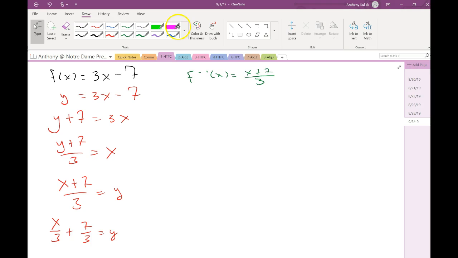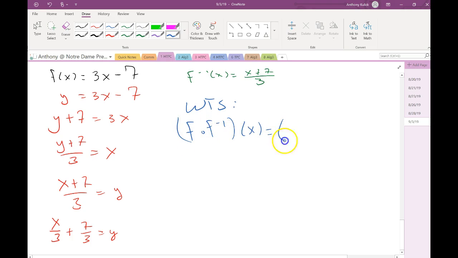Yeah, you want to use the composition, though. What we want to show, to see that this inverse is correct, is that if I do the composition of the function and its inverse, both ways, forward and backward, each of those gives me x.